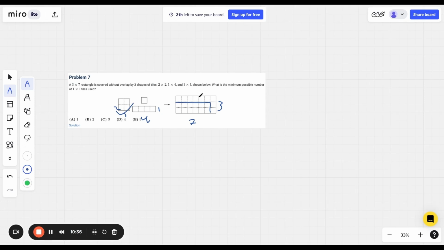And then we can fill out a bunch more with these 4 by 1 tiles. But this leaves us with 5 open spaces, and that's clearly the worst option that we can find. So let's quickly see if we can do a little bit better than that.